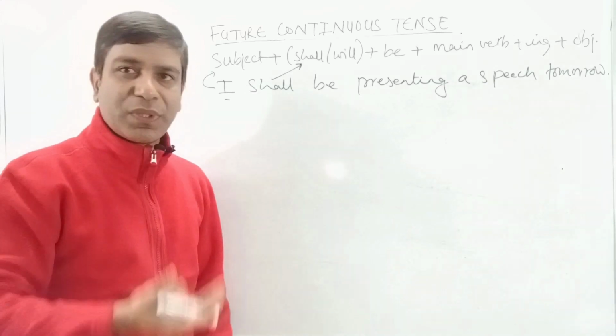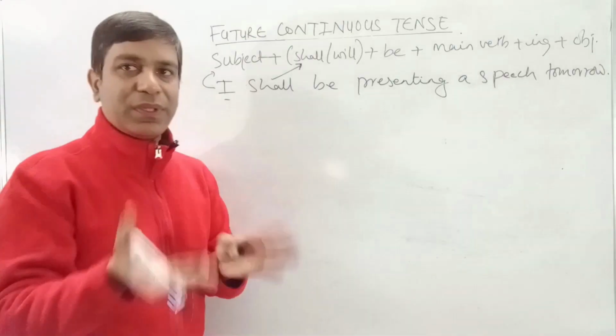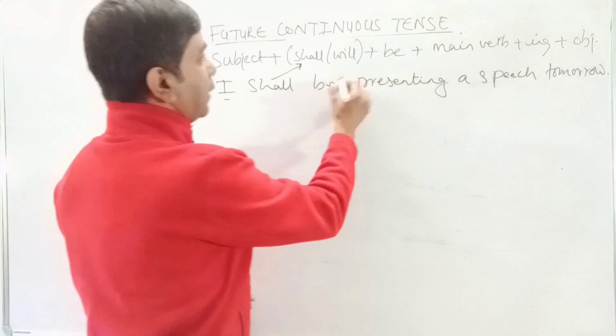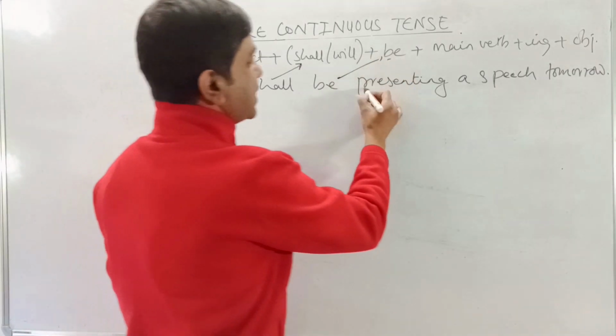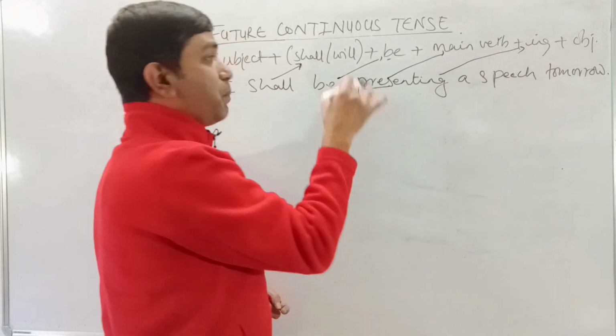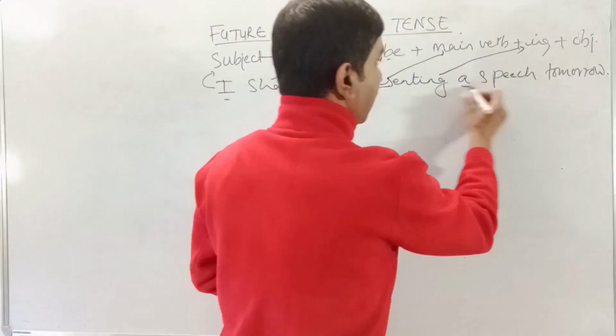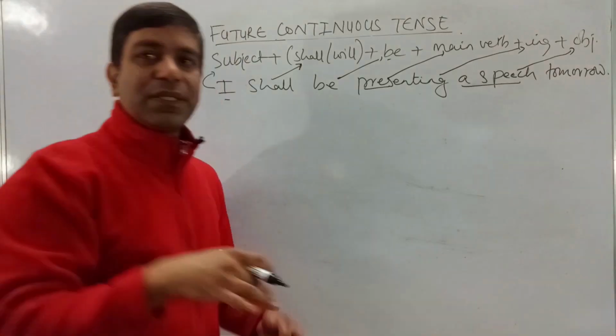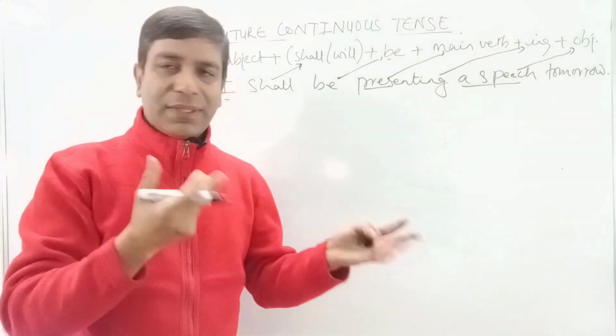Shall is used with I. But even if you say I will, that's entirely correct. So I shall, then be, then present is the main verb, then ing, and then what shall I be presenting? I shall be presenting a speech is the object, and tomorrow is the extra information given in the sentence.